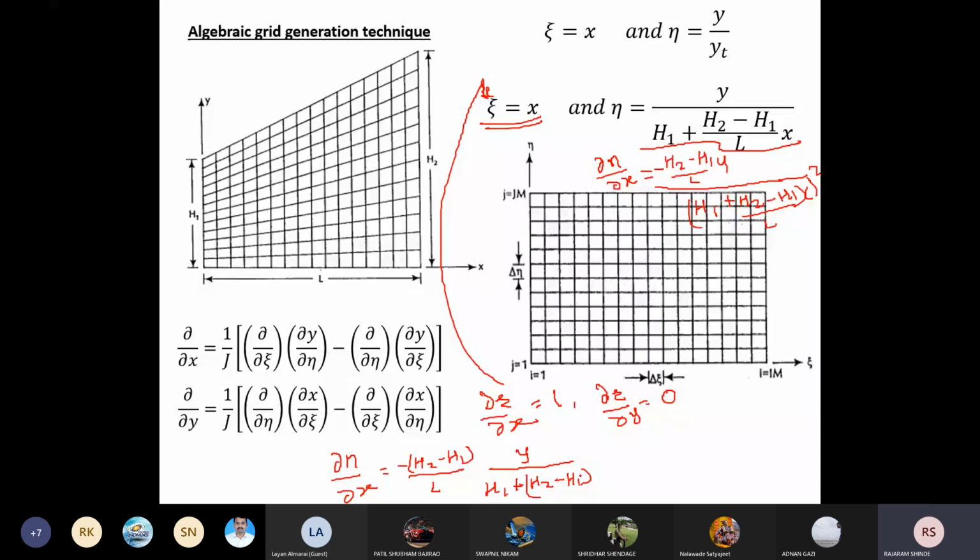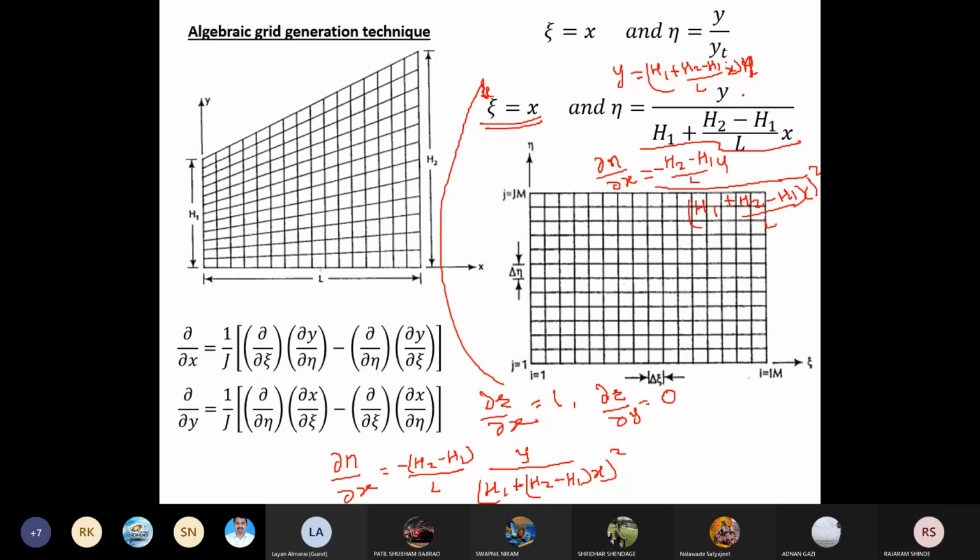Now I will go back to this equation. You will get y equal to h1 plus h2 minus h1 divided by L into x into eta.